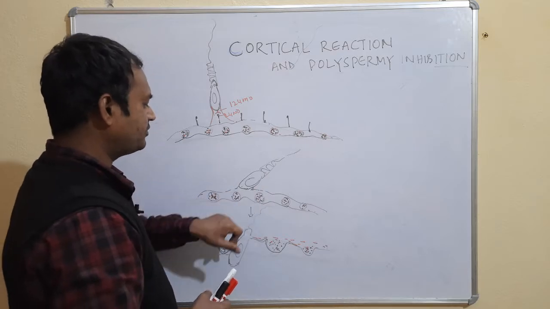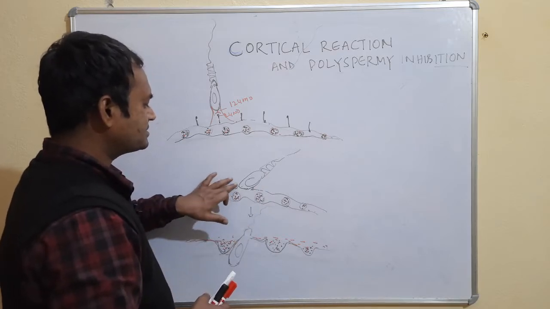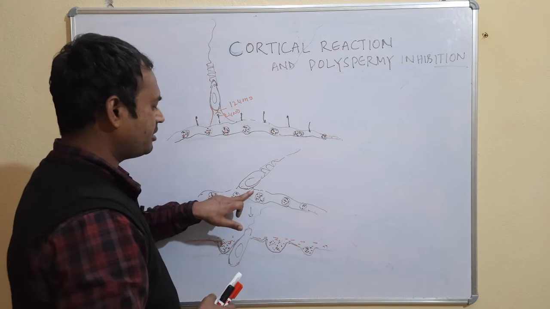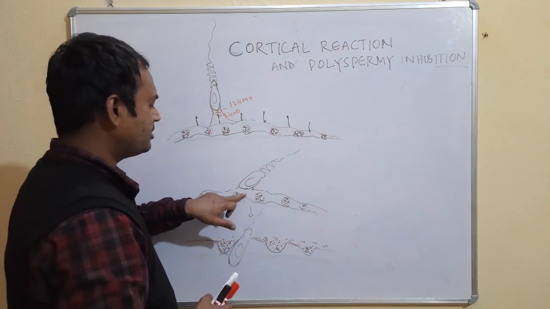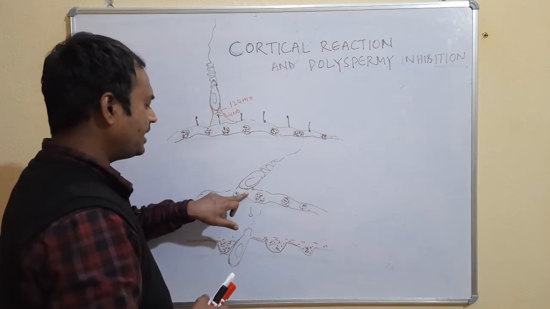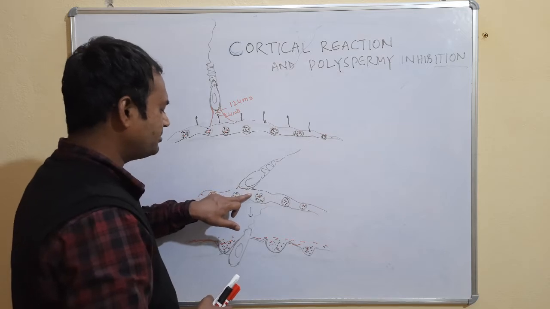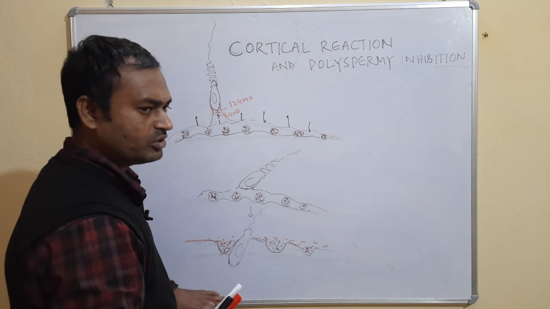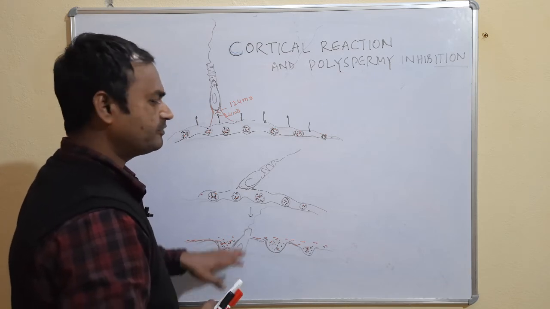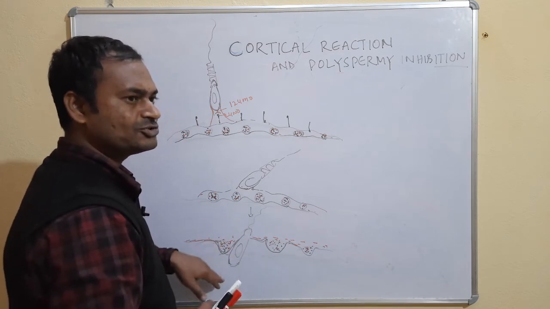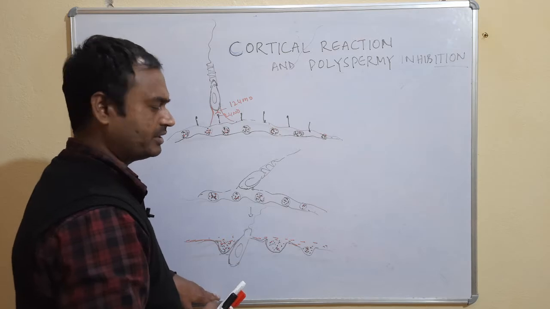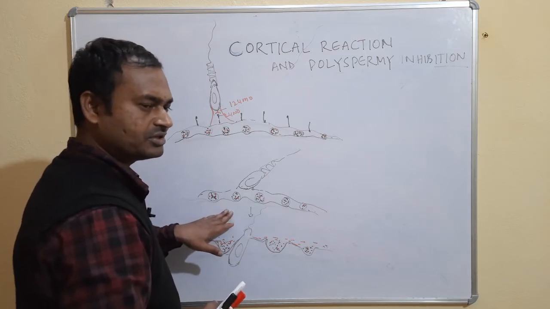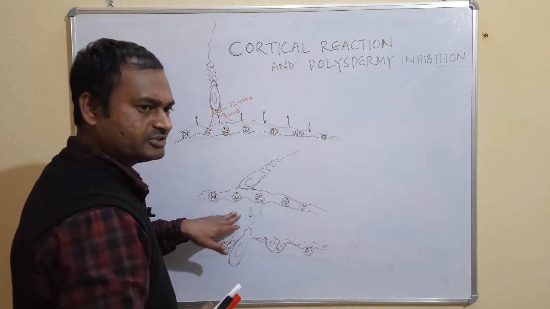It can be easily seen that there is a fusion of the cell membrane of the egg along with the sperm head. Whenever it fuses with the sperm head, it now comes toward the inner part, that is, the cytosolic part of the egg. Before it reaches the cytosolic part, it comes to interact with the layer of cortical vesicles.